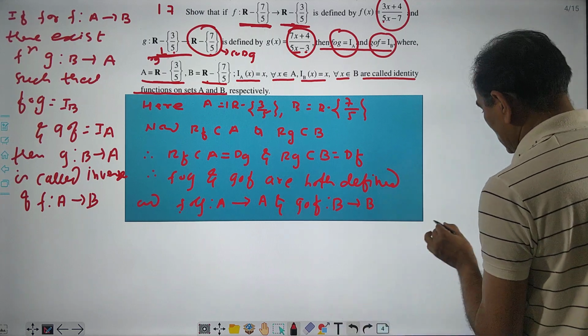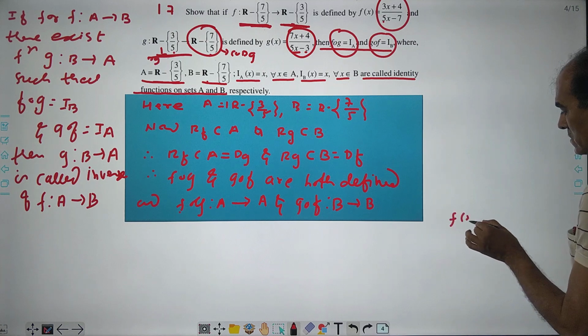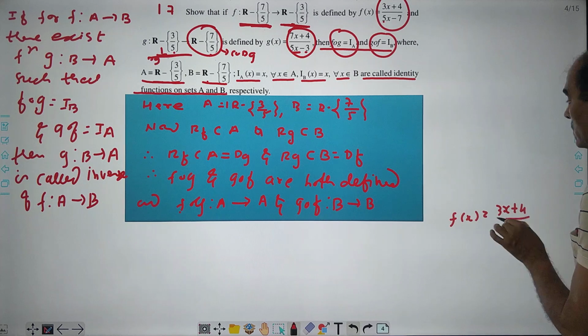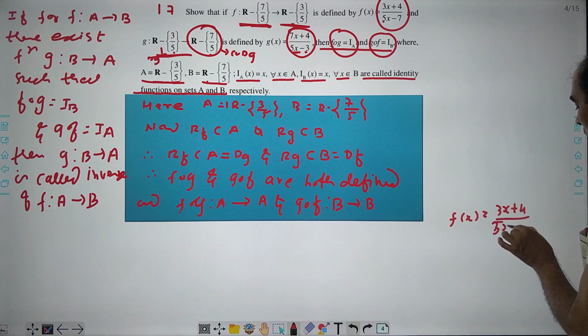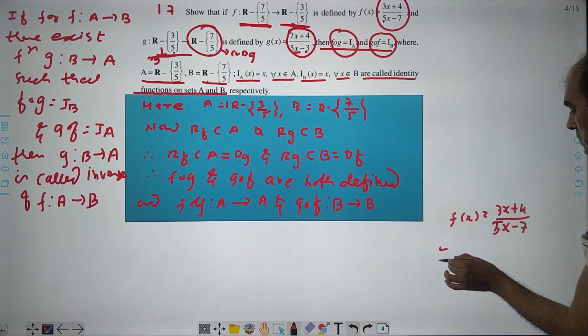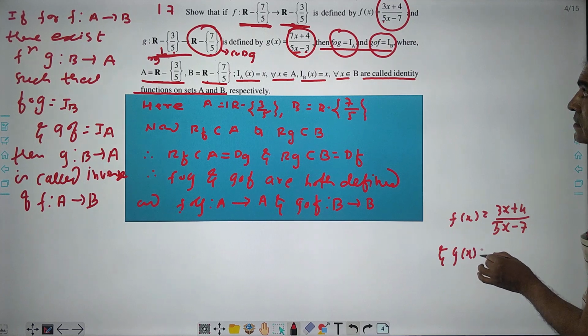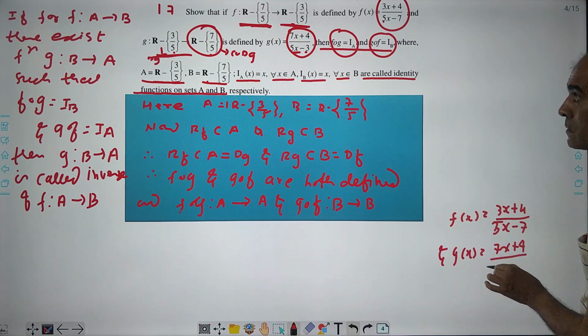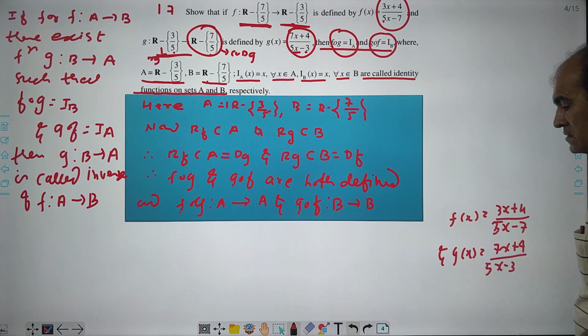Let us write here for one minute. What is f(x)? f(x) is equal to (3x plus 4) over (5x minus 7). And what is g(x)? g(x) is equal to (7x plus 4) over (5x minus 3).